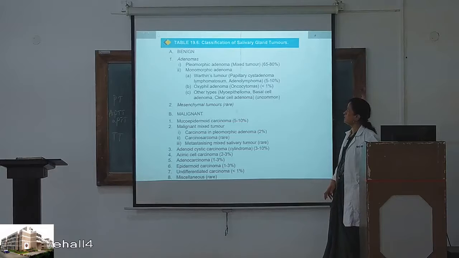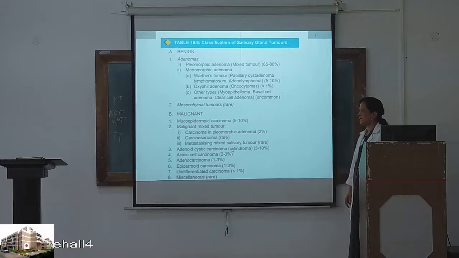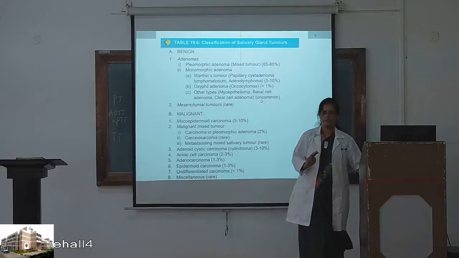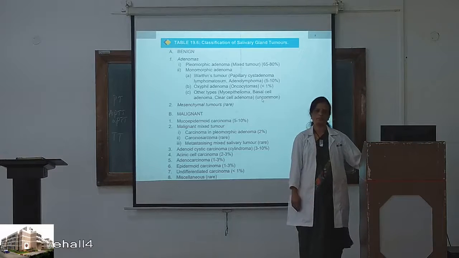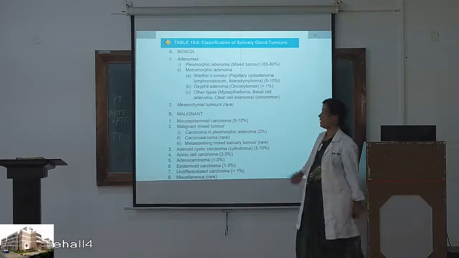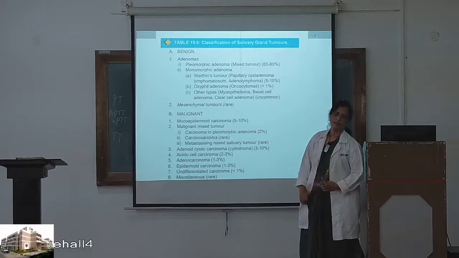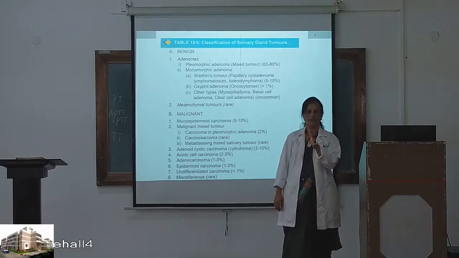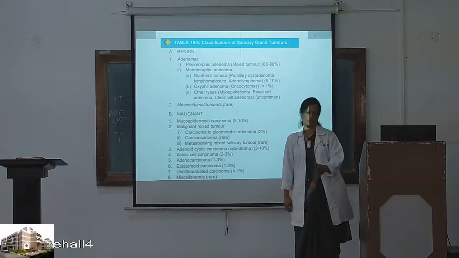Pleomorphic adenoma is called a mixed tumor, and there is something called malignant mixed tumor. Then mucoepidermoid tumor. Then remember the 3 A's: adenoid cystic carcinoma, acinic cell carcinoma, adenocarcinoma. At least 3. Then squamous cell carcinoma. Is this clear to you? You can take a screenshot of this and go back to recollect what I am teaching you now.